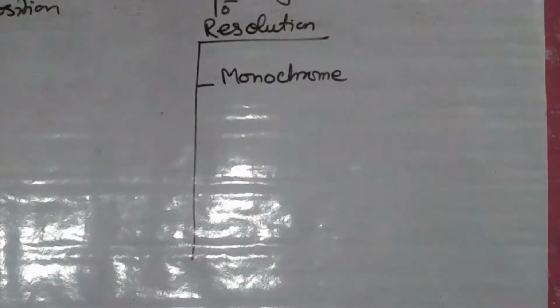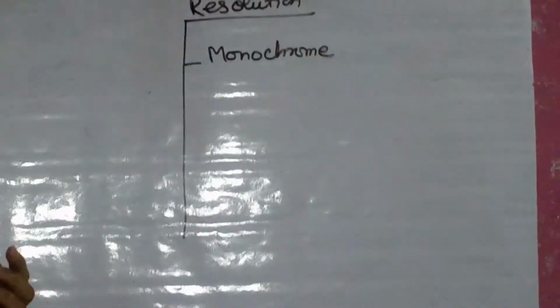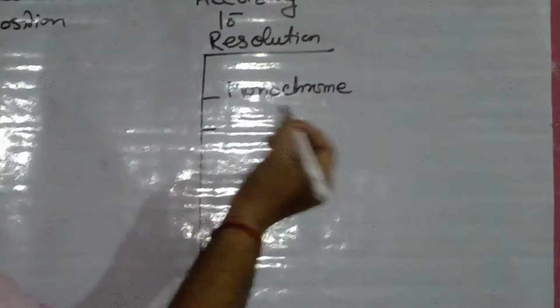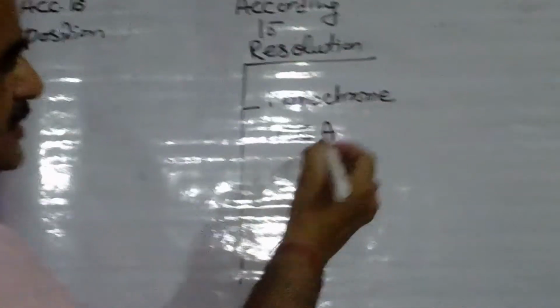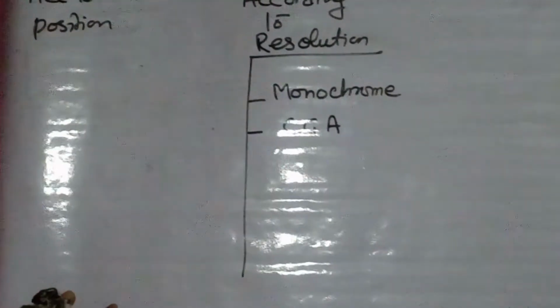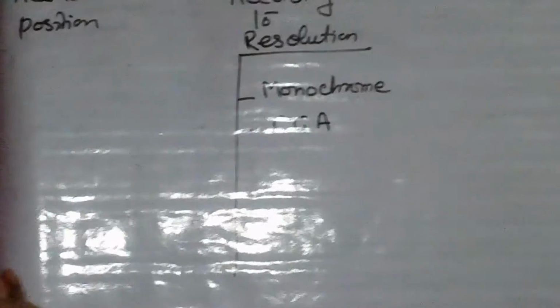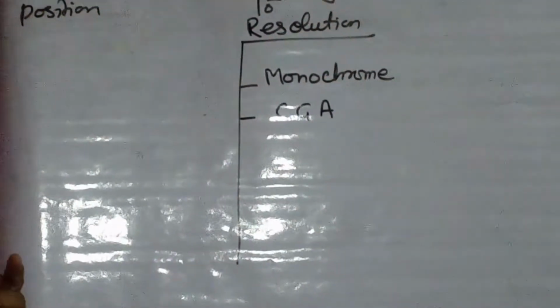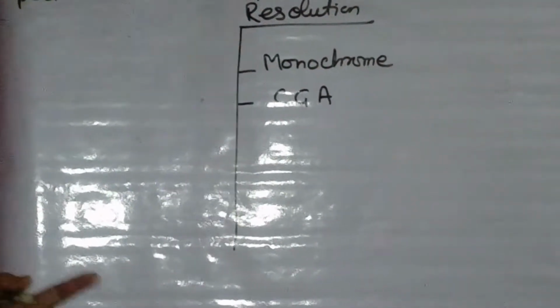In it we can use only textual matter, we cannot use graphical matter. Next is CGA, color graphics adapter. It also supports text only, and does not support graphics.